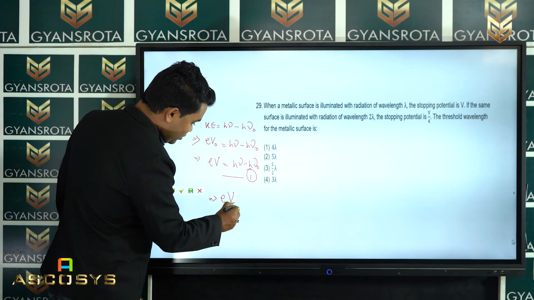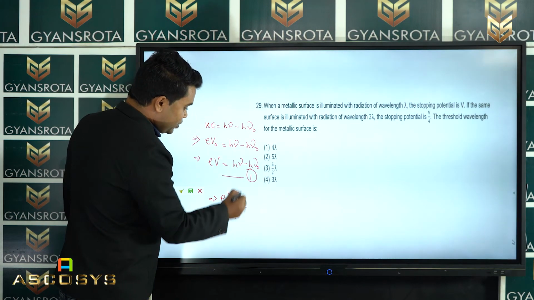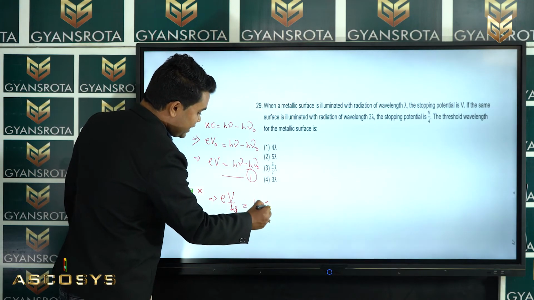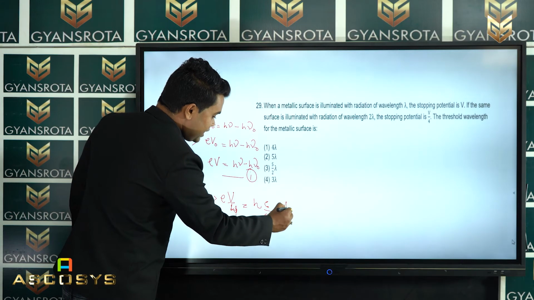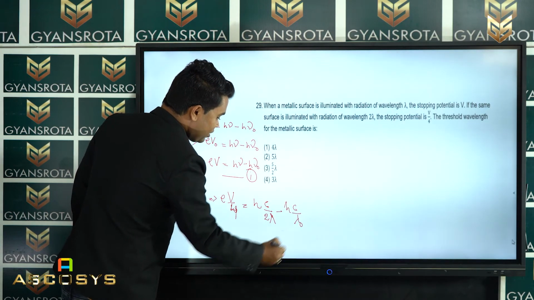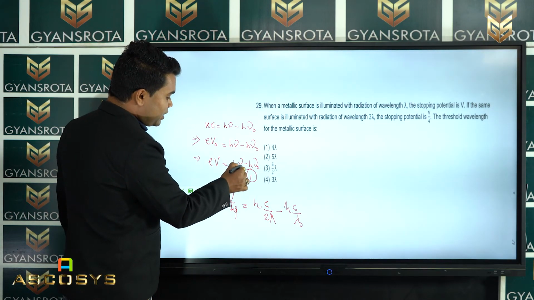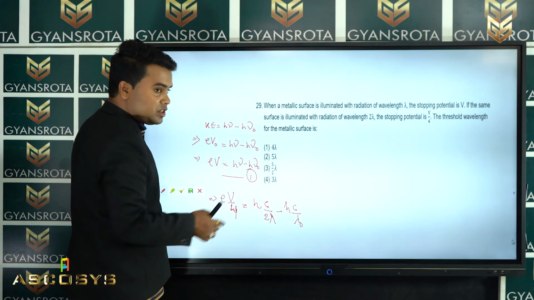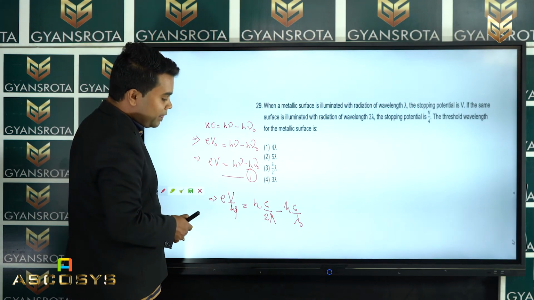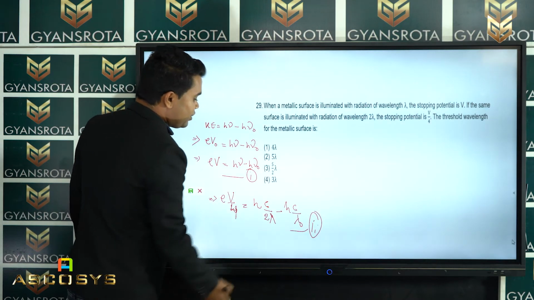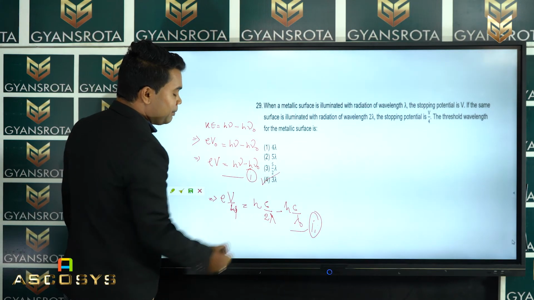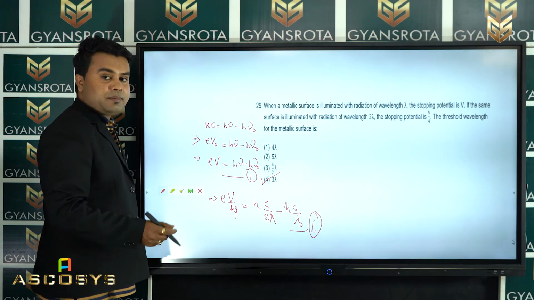So eV by 4 will be equal to h nu, I can write down c by lambda. Here it will be twice lambda, minus hc by lambda naught. So you can write this as hc by lambda also, since frequency is equal to c by lambda. So if you take the ratio of these two equations, your final answer would be 3 lambda. So please keep the concept in mind and do this one.